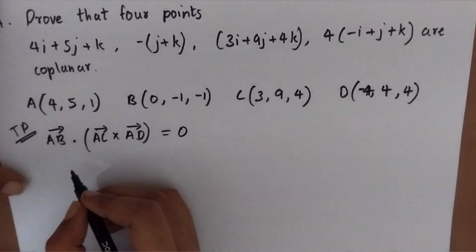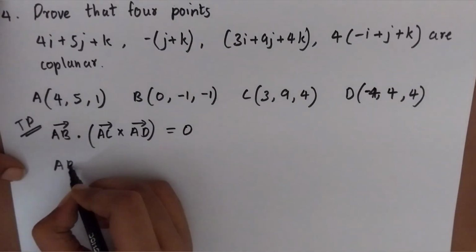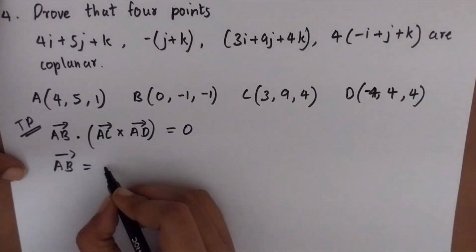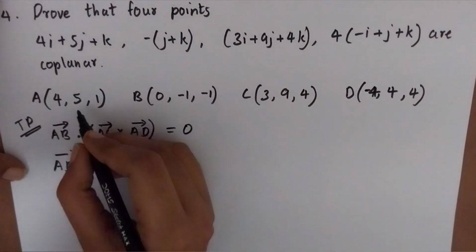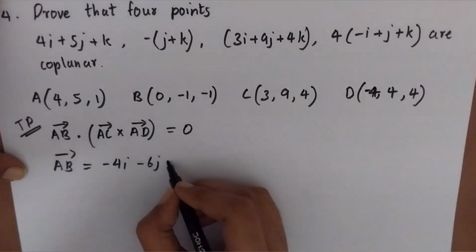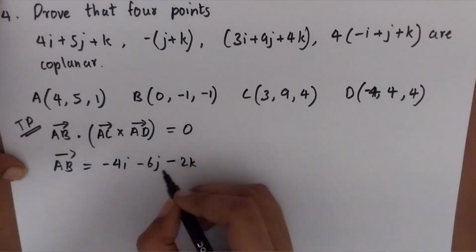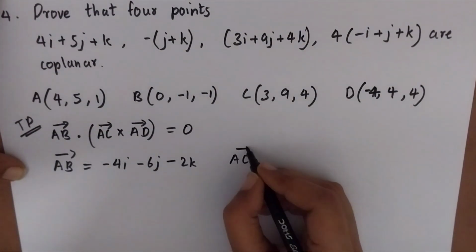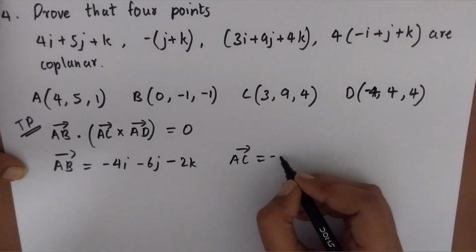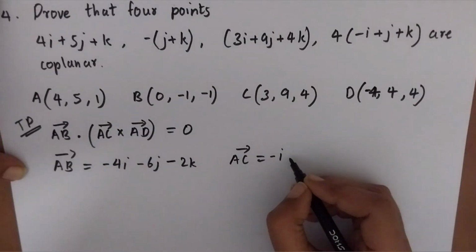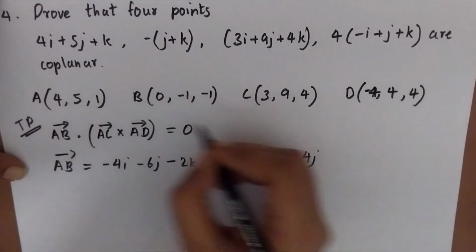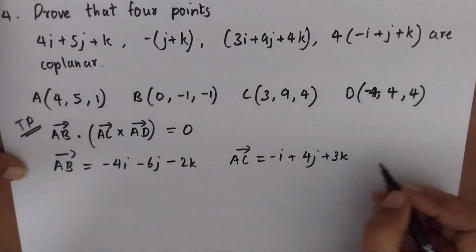So first we have to find vector AB. Vector AB is equal to 0 minus 4 is minus 4i, minus 1 minus 5 is minus 6j, minus 1 minus 1 is minus 2k, vector AB. Now vector AC is 3 minus 4 is minus 1 i, plus 9 minus 5 is 4j, 4 minus 1 is 3k.